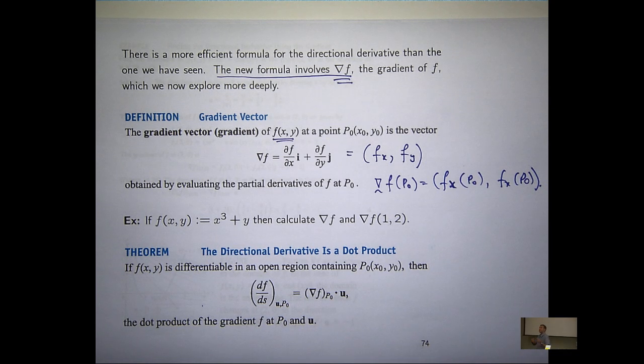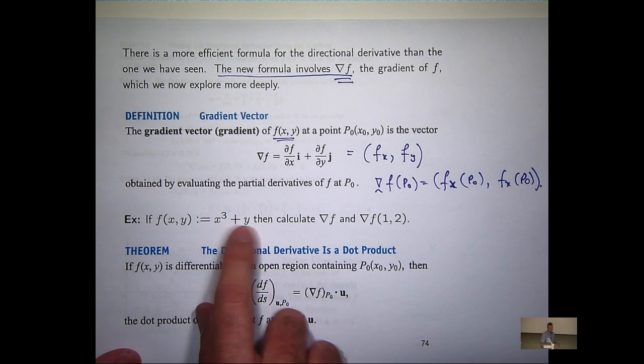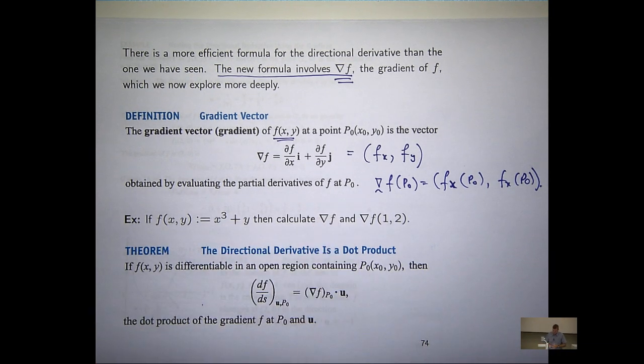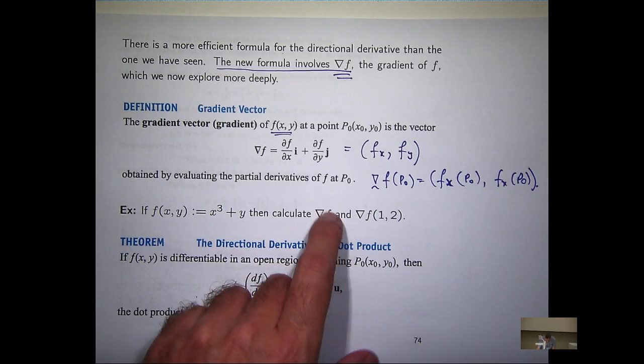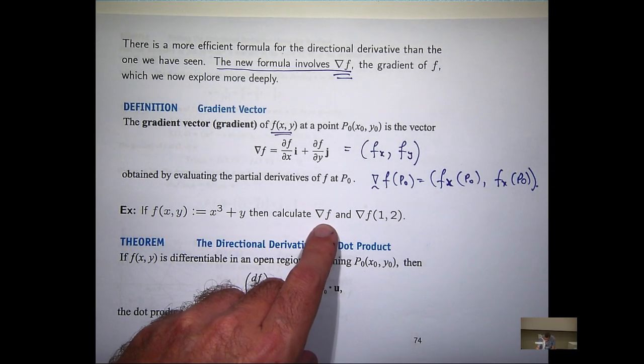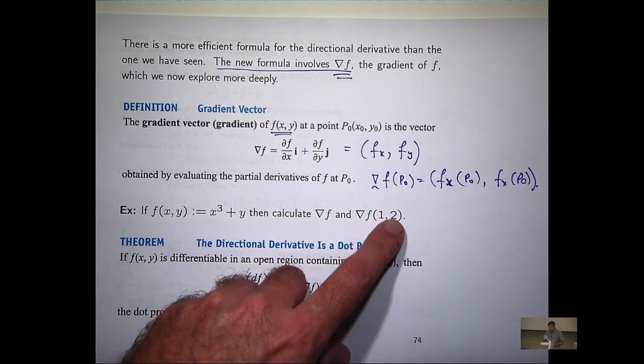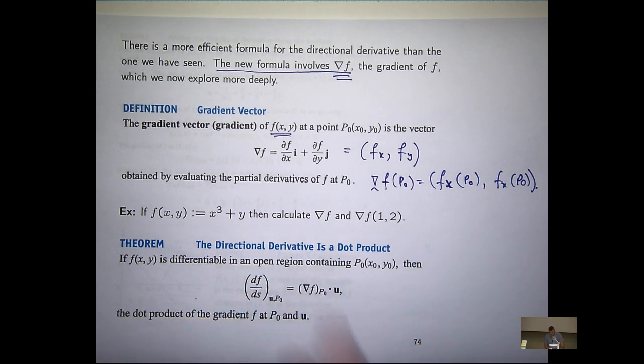All right, so let's do a simple example and see how it works. If this is our function of two variables, calculate the gradient of f, just generally, and also the gradient of f at this point. Now, I don't want to always say the gradient of f, so I say grad f, or nabla f.